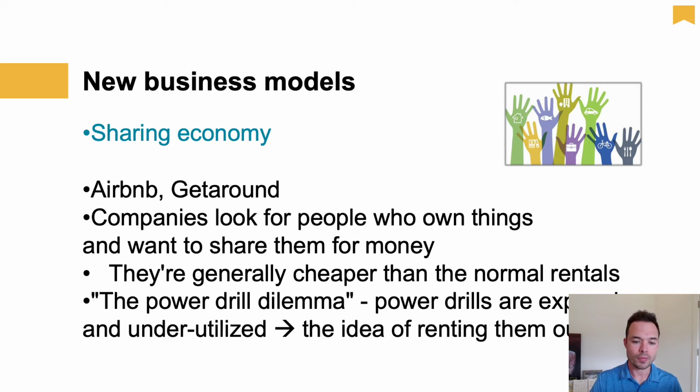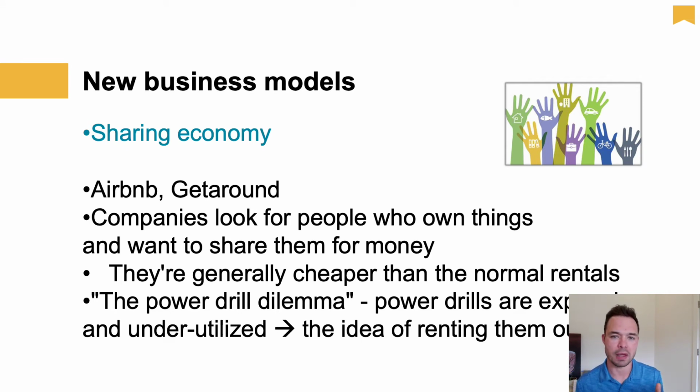And really, that's the gist of the sharing economy, is that companies want to look for people who own things and want to share them for money, right? They're generally cheaper than normal rentals, right? Airbnb is not always now; it's evolved a little bit, but generally cheaper than renting out a 5-star hotel, for example. And then the other benefit of this is, like you see here, the power drill dilemma.